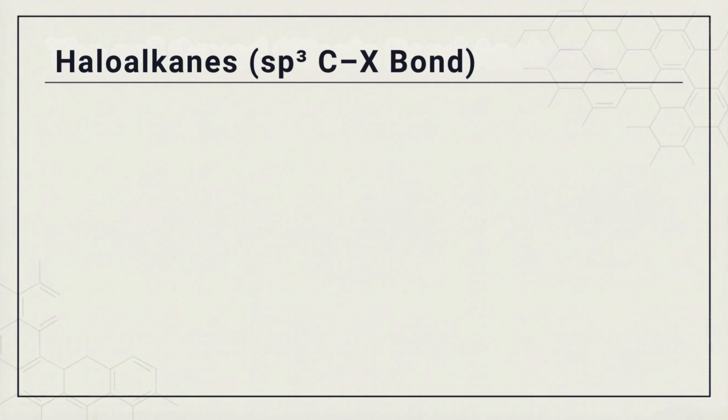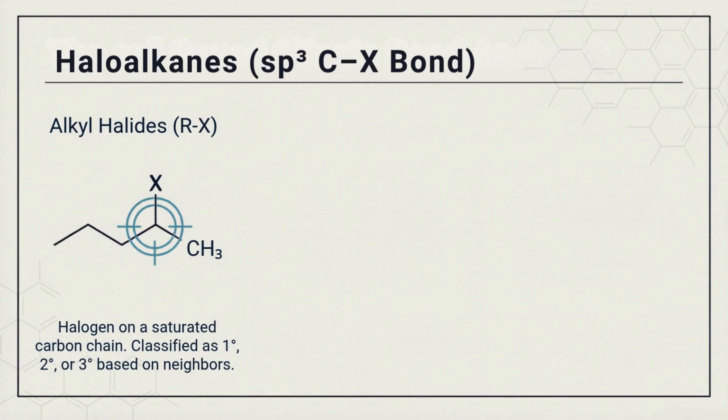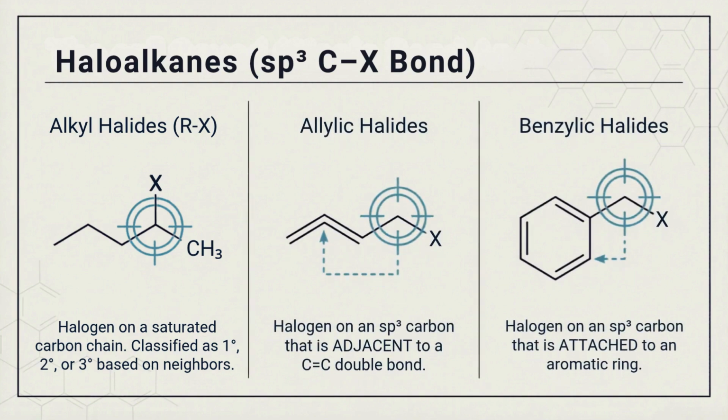Haloalkanes are the simpler branch to understand because the halogen sits on a saturated carbon chain. That carbon may be primary, secondary, or tertiary depending on how many neighboring carbons it is attached to. Allylic and benzylic halides also belong here because the halogen is still on an sp3 carbon, even though the carbon is next to a double bond or attached to an aromatic ring.